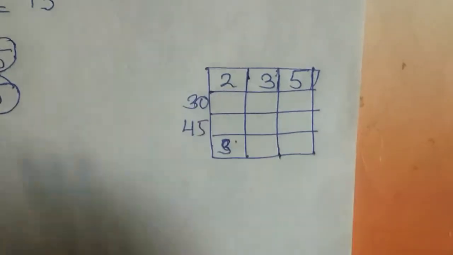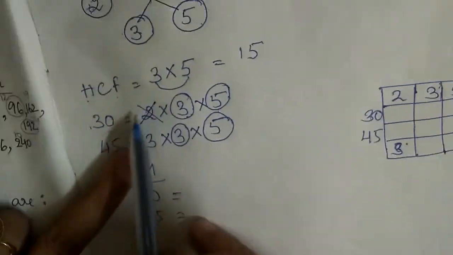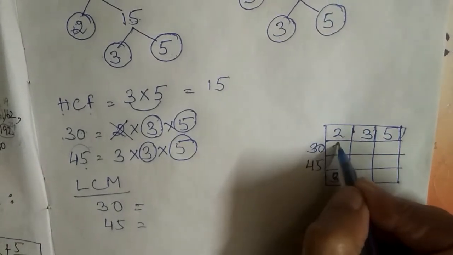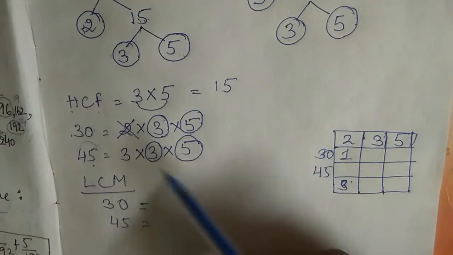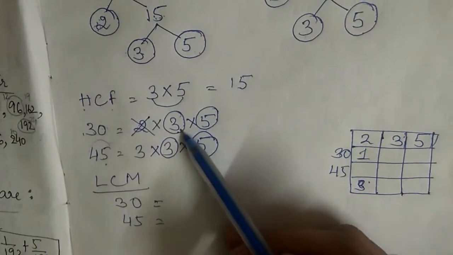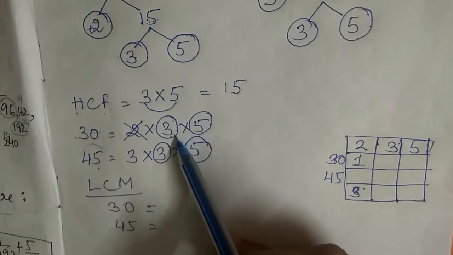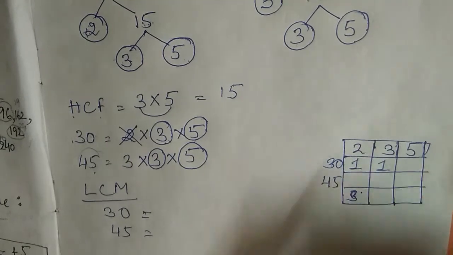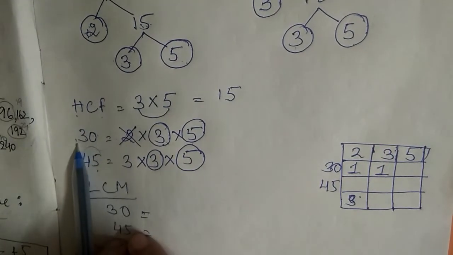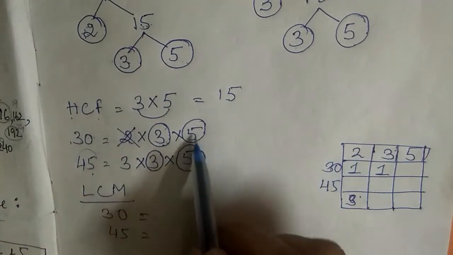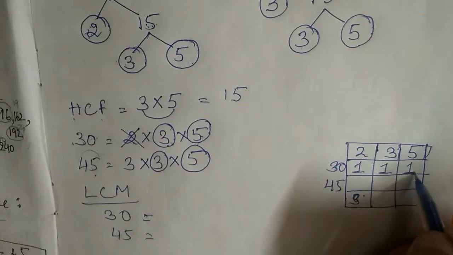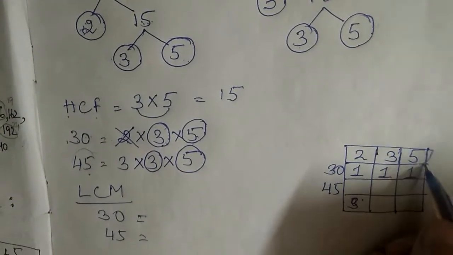Now how many times does 2 come in 30? Only one time, so we write 1 here. Similarly, 3 comes one time in 30, so we write 1. And 5 comes only one time, so we write 1.